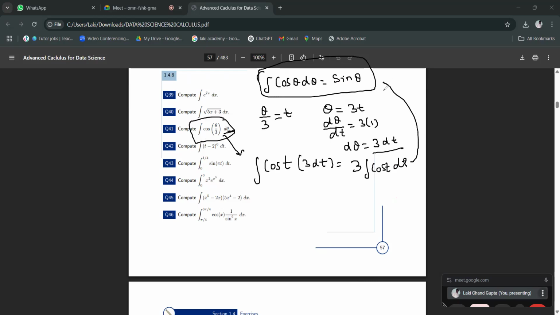Now this is in standard form, right? And integration of cos t is sin t. So the final answer is 3 sin t.